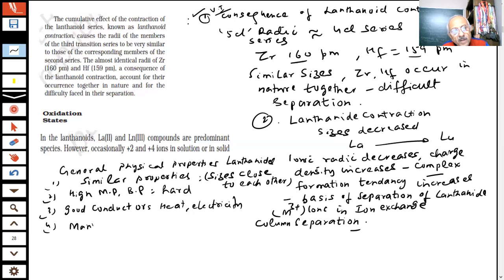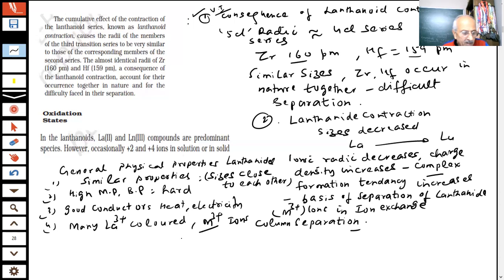Many of these La3+ ions are colored ions, students, and absorption spectra are there, and mostly I'm talking of M3+ ions.